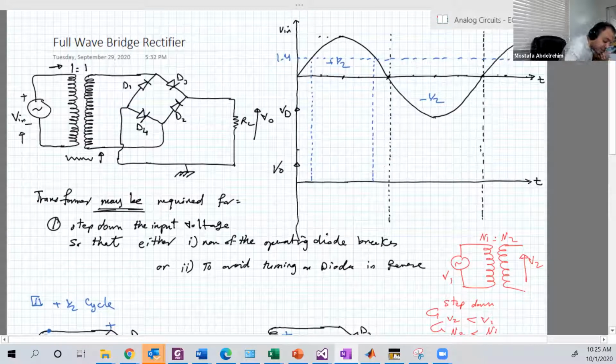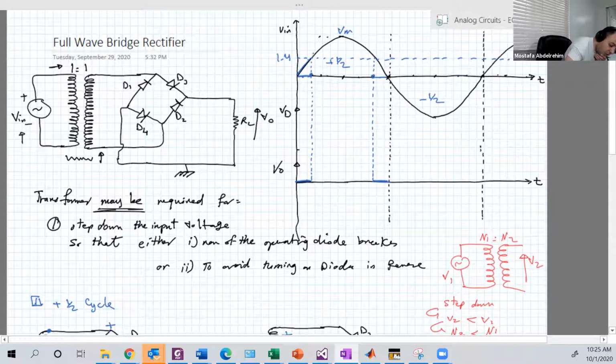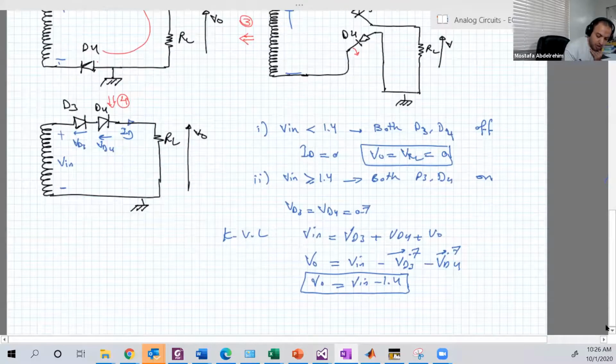When the input is less than 1.4, both diodes will be off. So in this region and this region, the input is less than 1.4, so the output is 0, which is VR. But in this region, from that point to that point, all these values are larger than 1.4. What will be the output? The output will be Vin minus 1.4, this equation here.